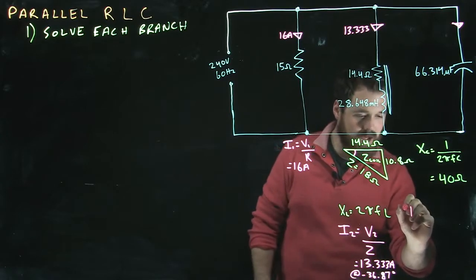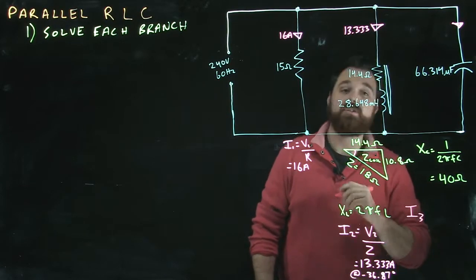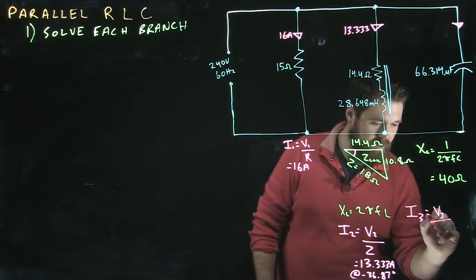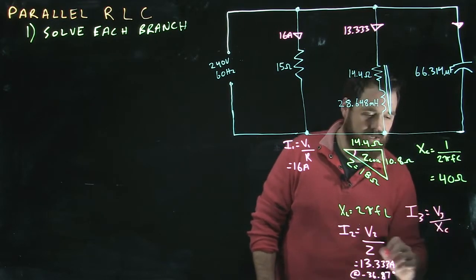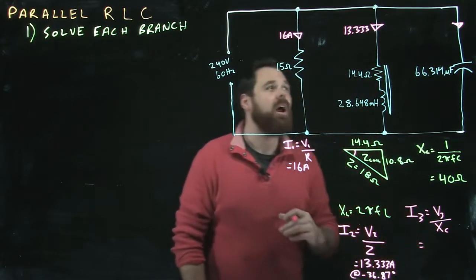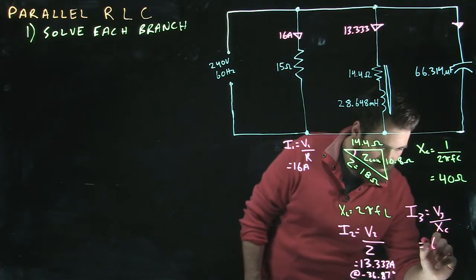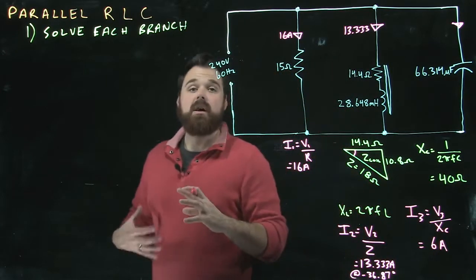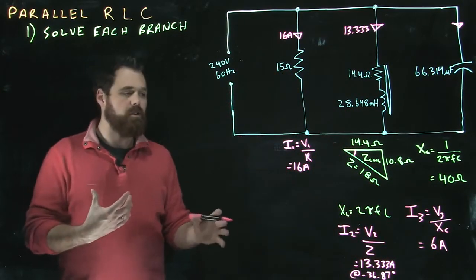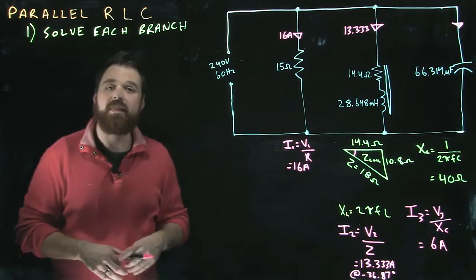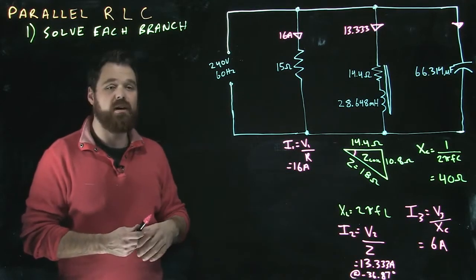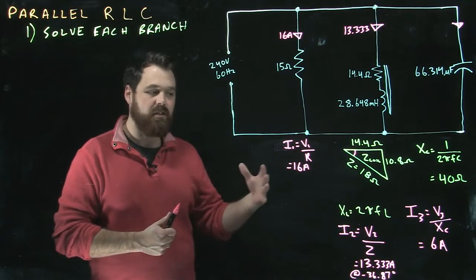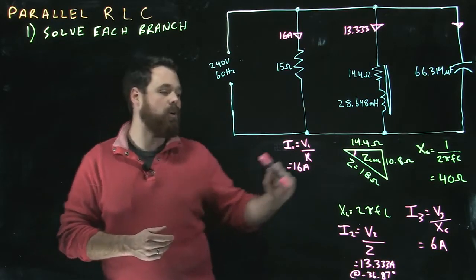We can go I3, because it's the third branch, equals V3 divided by XC, and we end up with 6 amps. Now we're going to take these values and place them onto a phasor chart, and then in the following video we'll figure out our total current, and in the video after that we'll work with power.